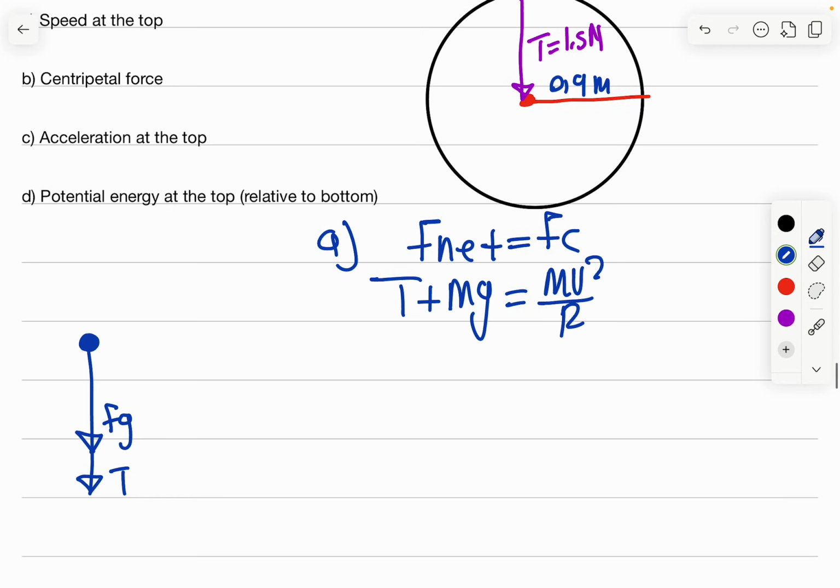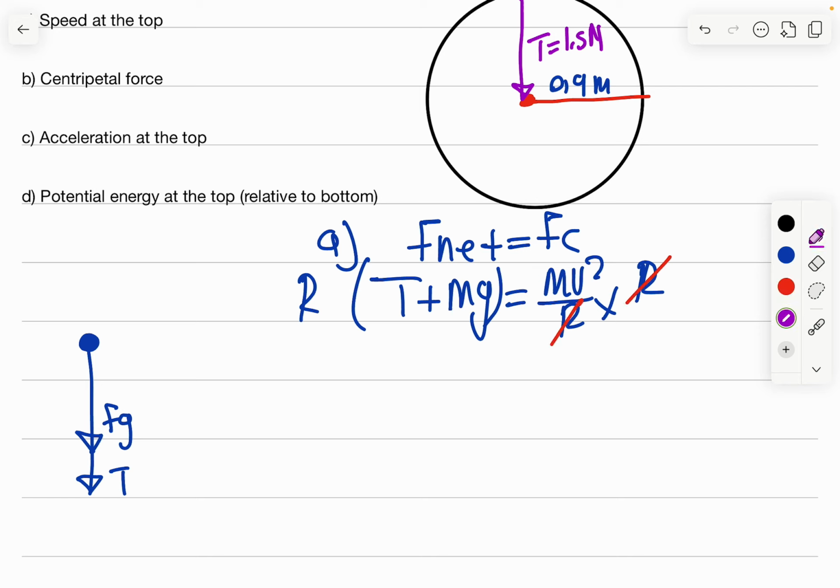They want the velocity. So I'm going to multiply both sides by the radius. This one will cancel this one.